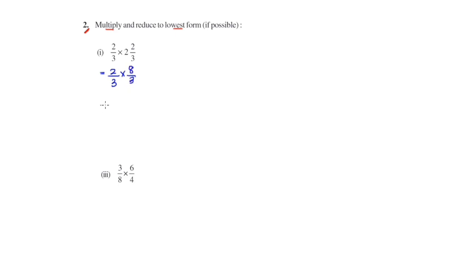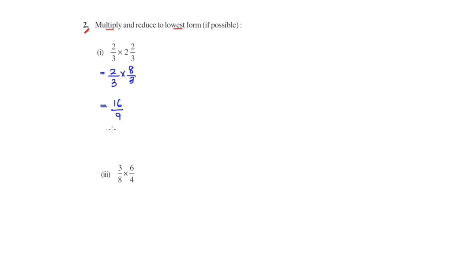Clear? Now to find the product of these two fractions, we will multiply the numerator parts and denominator parts together. So 8 times 2 is 16 and 3 times 3 is 9. Now the next part of the question is that we have to reduce to lowest form.